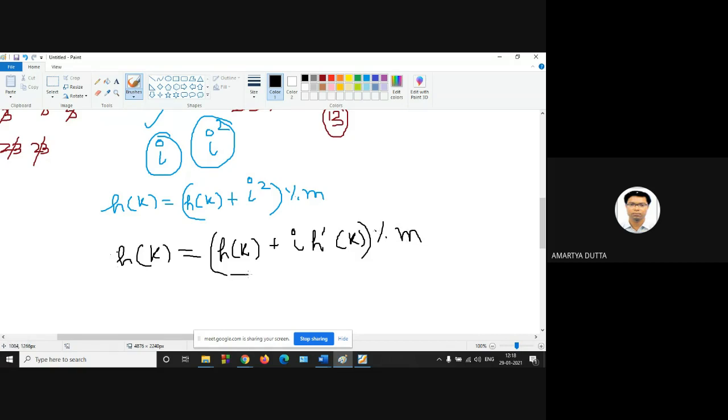This is the first hashing technique and this is the second hashing technique H dash K. Okay, so this is double hashing.